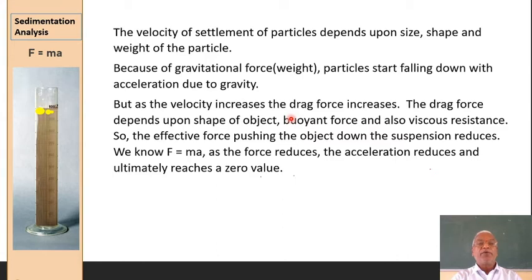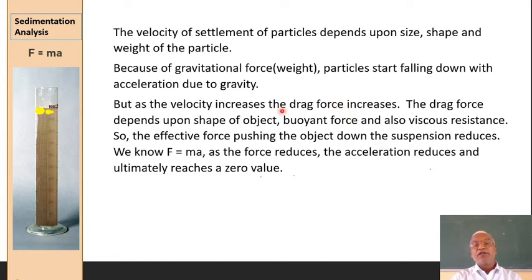So depending upon the shape, the resistance will be different. That resistance is known as drag force, right? The drag force, which is a kind of frictional or resistance force, depends upon the shape of the object. If it is smooth and streamlined, obviously the resistance will be less, and if you have a blunt object, it will have a lot of drag force.